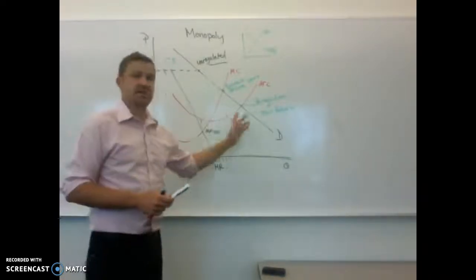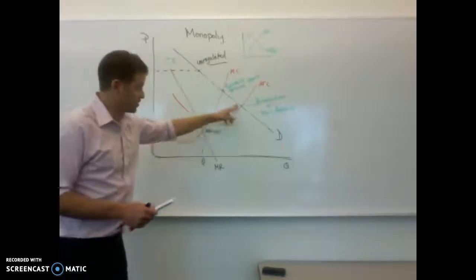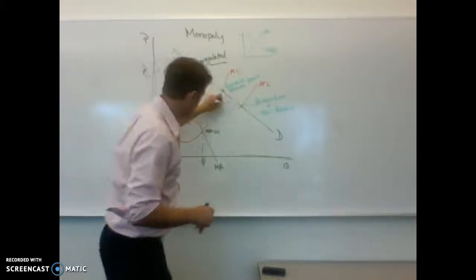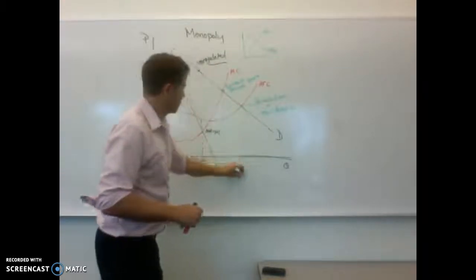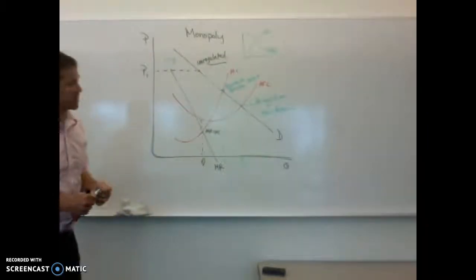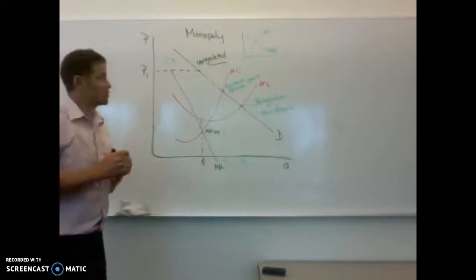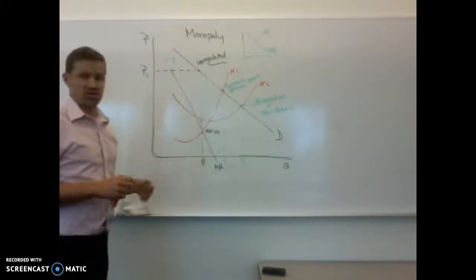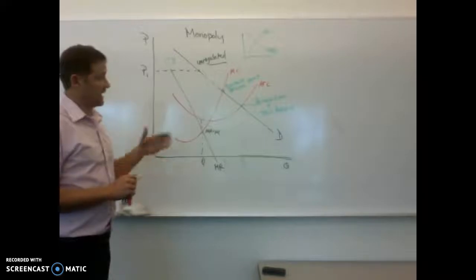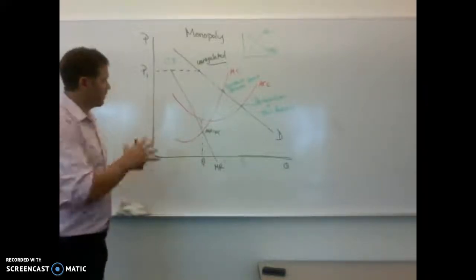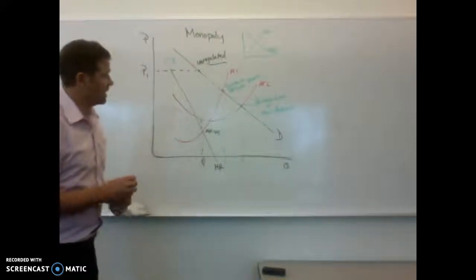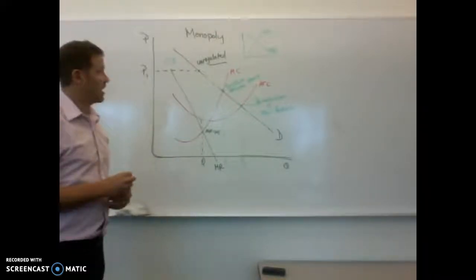So you would have to subsidize them even more to get them to produce these quantities, right? Quantity 1 and quantity 2. So again, that shows us how inefficient the monopolist is with that creation of deadweight loss, and how you get them to produce more through regulation. Okay? So hopefully that breaks down a little bit of the different parts of the monopoly graph.